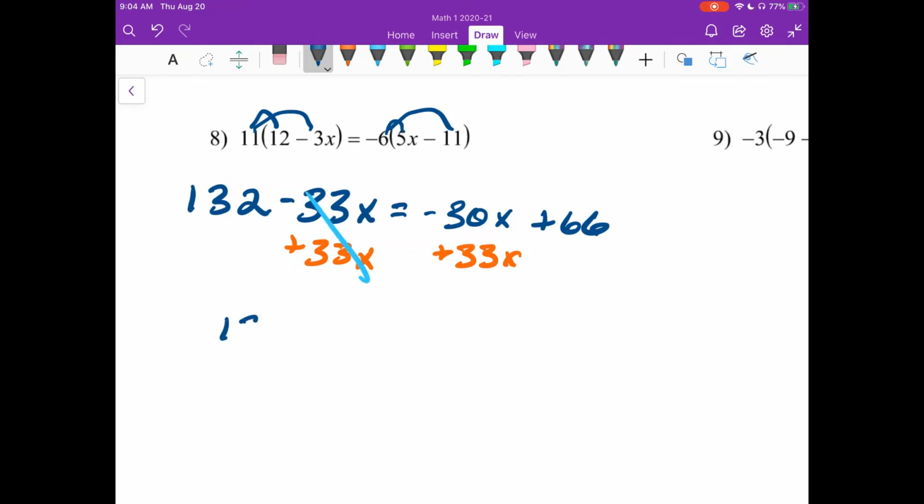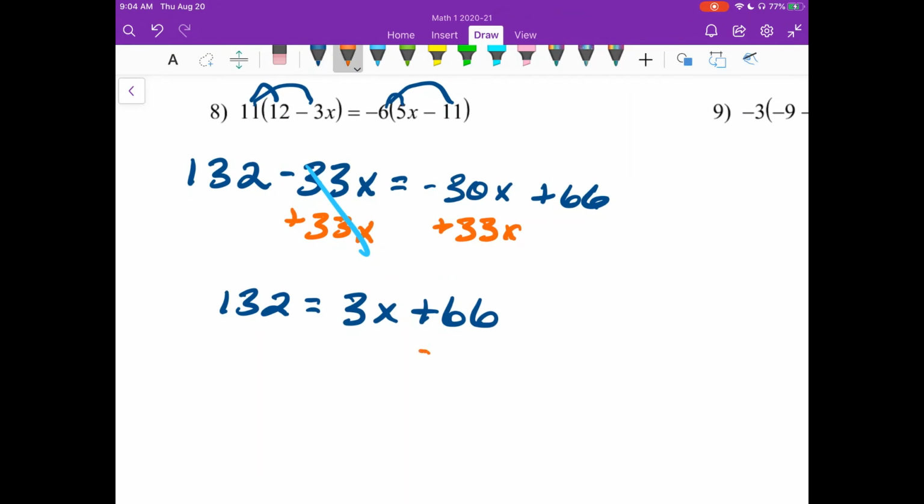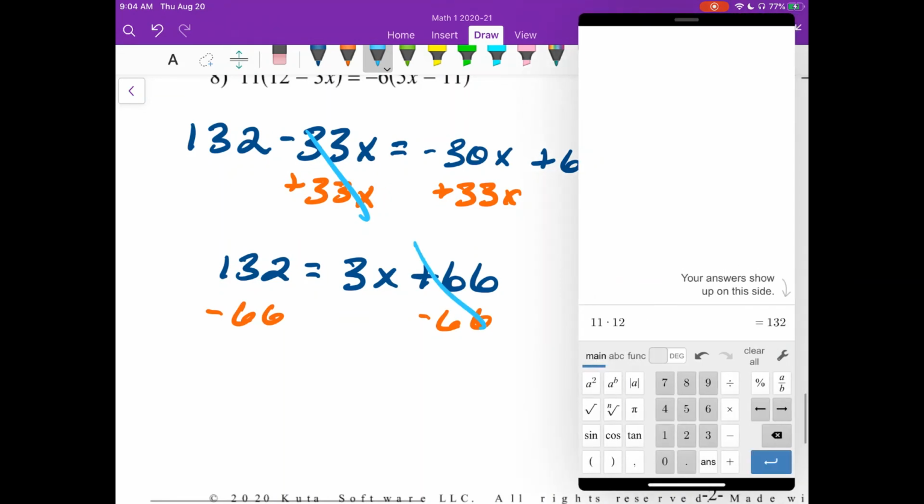I'm left with 132 equals 3x plus 66. I'm going to subtract 66 from both sides. On the right, they cancel. And on the left, we've got 132 minus 66, and I'm left with 66.